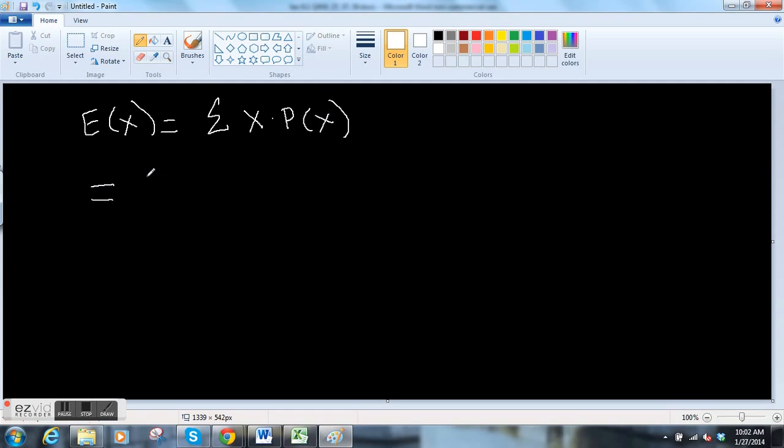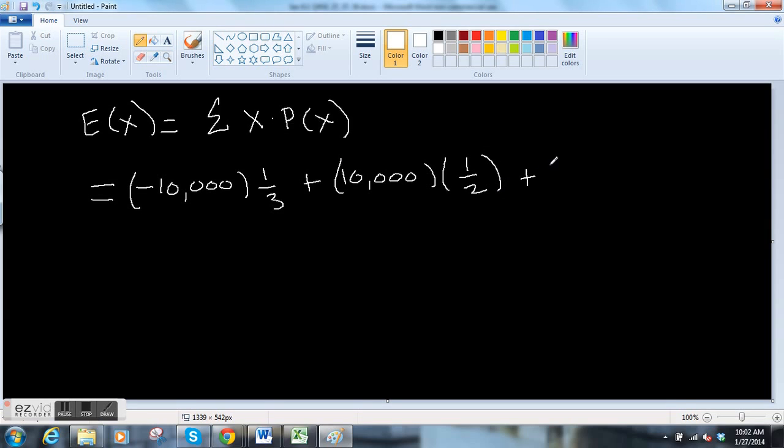So in this case, the first x is negative $10,000, and the probability of that is 1/3, plus the next one, he could make $10,000, and the probability of making $10,000 was 50%, or 1/2. And then finally, he could make $50,000, and the probability that he makes $50,000 is 1/6.